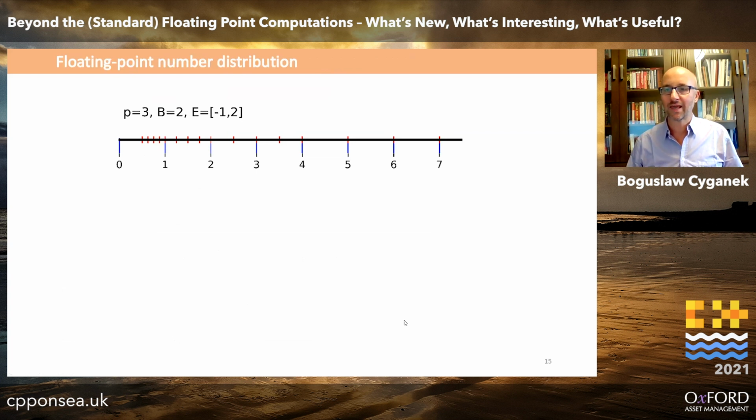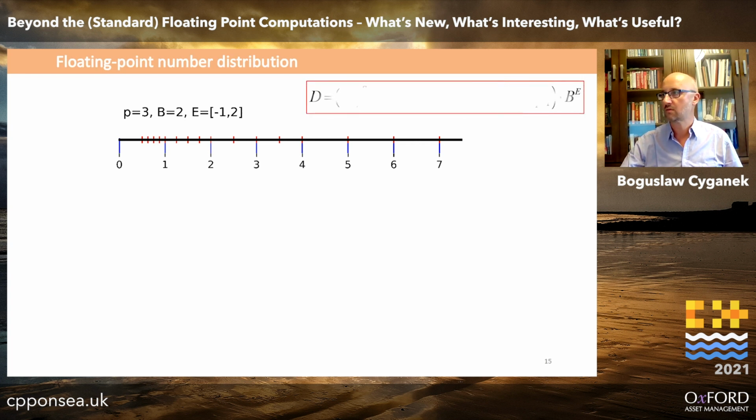So let's take a look with a small experiment. If we put only 3 bits for mantissa, and we have -1, 0, 1, 2 possible exponents, and the base is 2, and if we generate the values for these possible combinations, complying with the standard, we have such a representation.